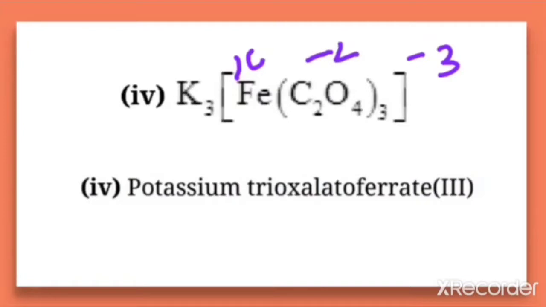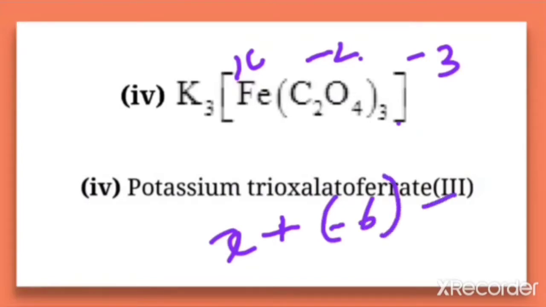So how do we write this? X plus -2 into 3, that is -6, is equal to -3. Because the overall charge is -3. How does it come -3? Because K, 3 positive charge is removed, then it develops 3 negative charge on the complex. So when you solve this, what will be X?